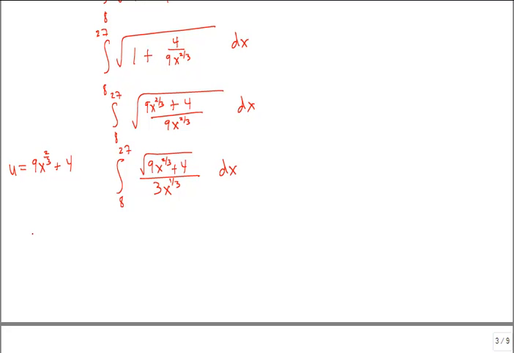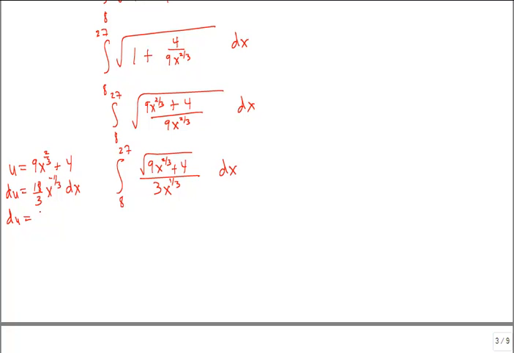So now we need to know what our du is going to be. The derivative of the left side is just du. On the right side, when I bring down that 2/3, 9 times 2/3 is 18/3. And when I subtract 1 from the power, this becomes a negative 1/3 power, and I'm going to have that dx on the right hand side. Now you can do this several different ways, but I'm going to suggest here that we don't reduce this 18/3 into a 6.